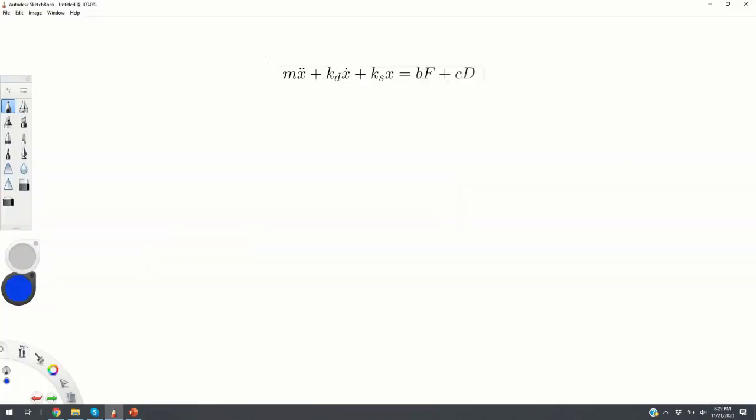Okay, so first I'm going to explain how to transform this ordinary differential equation into a transfer function form. In control theory and in control engineering practice, we often use two different forms of transfer functions. These two forms are equivalent. The first form looks like this.